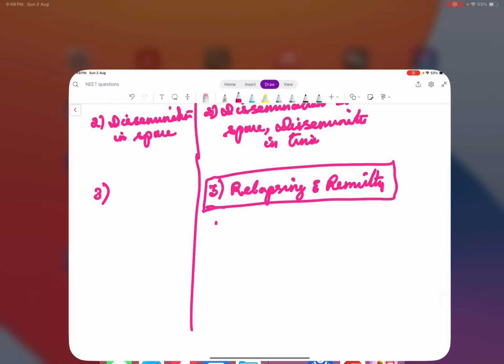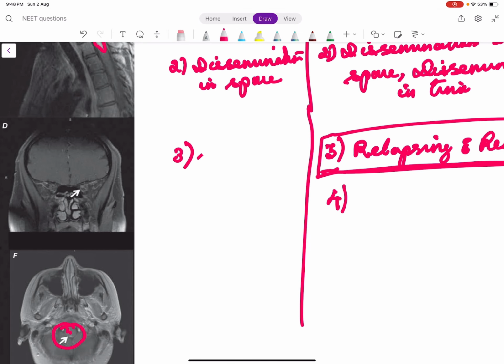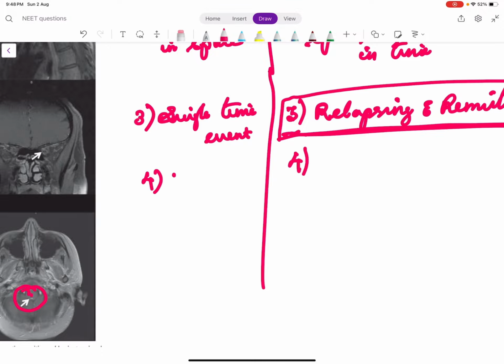So if a patient develops some neurological syndrome, any symptom which is coming and going again and again, with MRI showing this feature, it has to be MS. Whereas this NMOSD is a single time event. Neuromyelitis optica will respond to steroids, whereas multiple sclerosis will not respond to steroids.